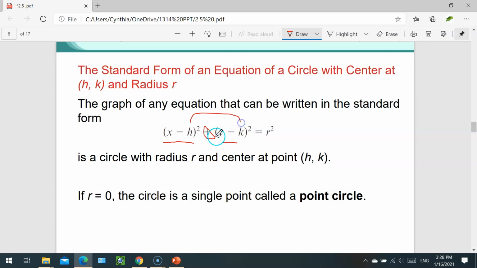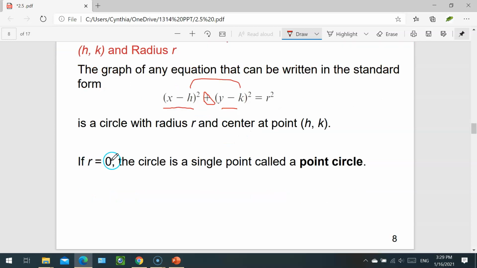So (h, k) represents the center. And keep in mind, inside the parentheses, both terms have a negative sign in between, but outside, the combined sign is a positive.